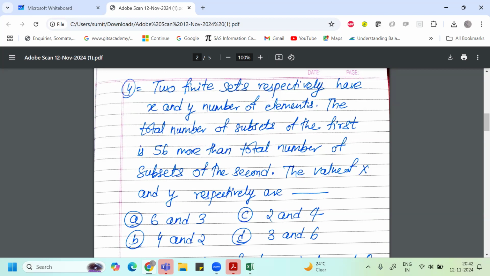If your set has x elements, you can make a total number of subsets equal to 2 to the power x. If the other set has y elements, how many subsets can you make? You can make 2 to the power y subsets. You understood, right?